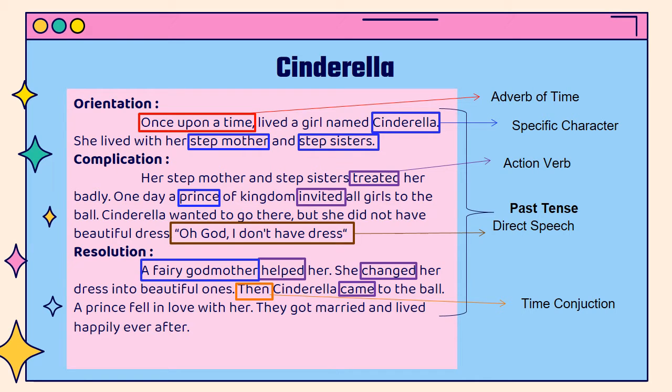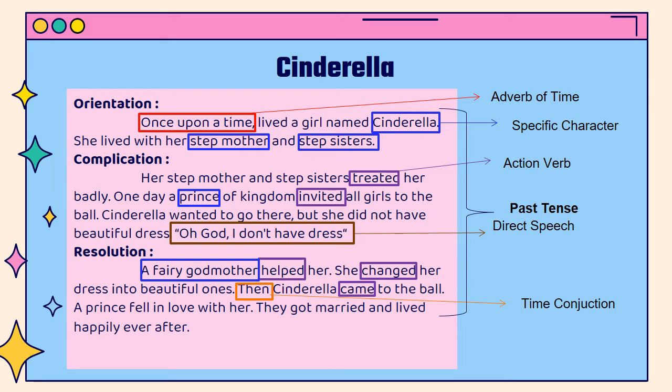After reading this text, we know that paragraph 1 is orientation, paragraph 2 is complication, and paragraph 3 is resolution. And then in this text, we can see the language features. The adverb of time in this text of Cinderella is once upon a time.